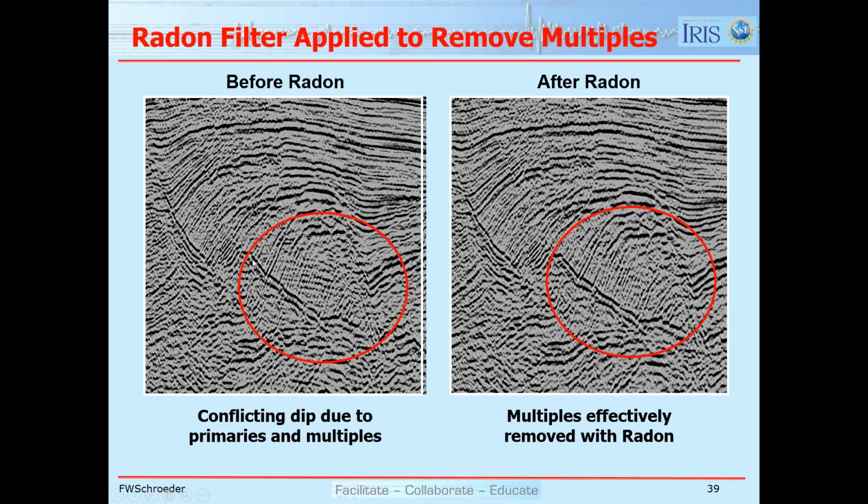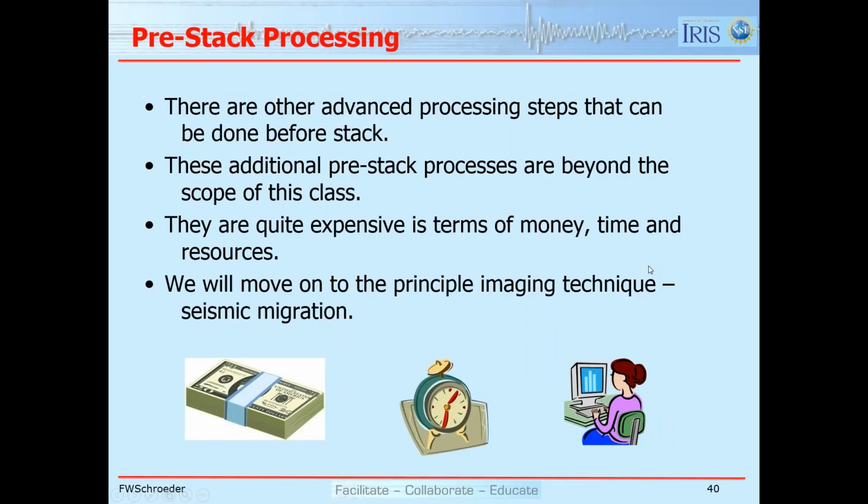And you can see, for example, in this portion, we have events that are coming down at a steep angle and other events that are a little bit more horizontal. When we remove the multiples, it turns out that these slightly dipping to the right events are multiples associated with something much shallower, and the radon filter has eliminated a lot of that multiple energy.